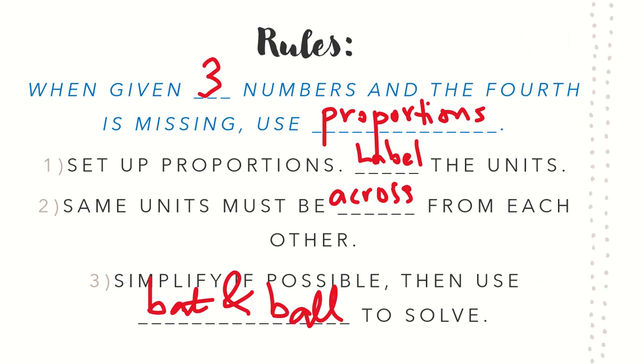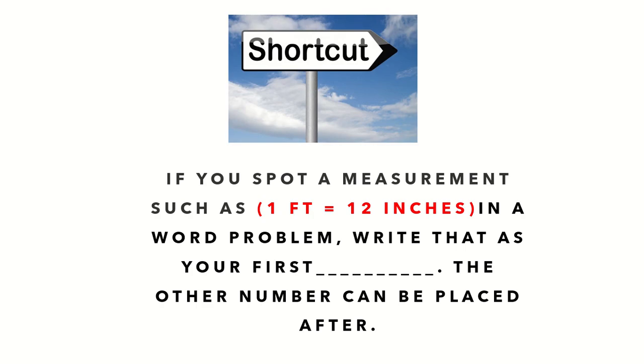Besides these rules, I'm going to give you one new major hint, shortcut. Really pay attention to this part of your notes. It's going to make life easier later, especially when we're doing word problems, which are always tricky. So this says, if you spot a measurement such as, go ahead and highlight or circle this whole phrase in parentheses here, 1 foot equals 12 inches, if you spot this in a word problem, then you immediately write that as your first fraction.